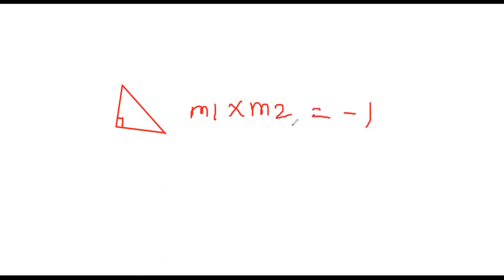To check whether the given points form a right angled triangle or not, you just have to check whether M1 into M2 is equal to -1 or not.